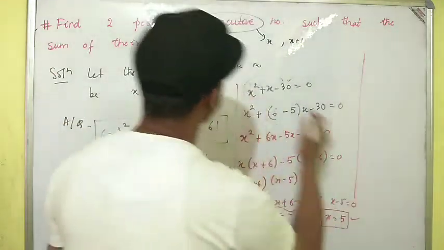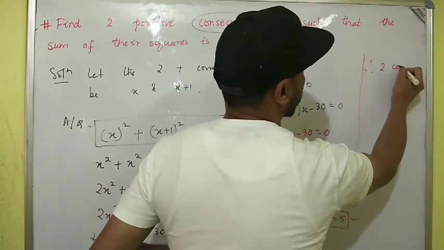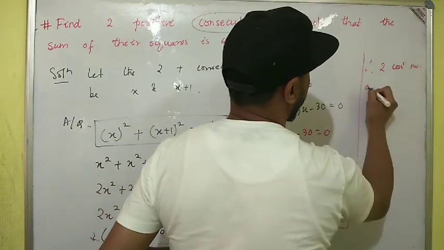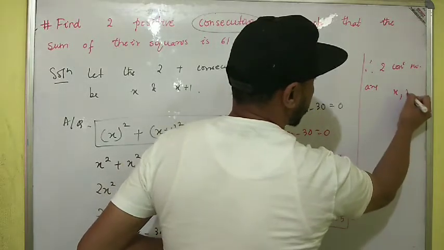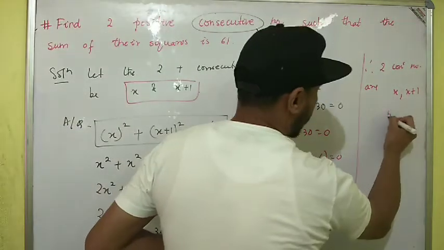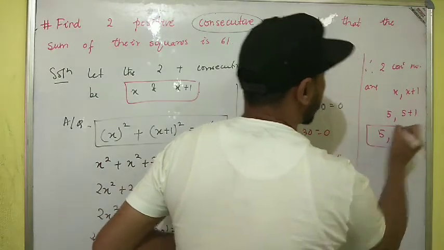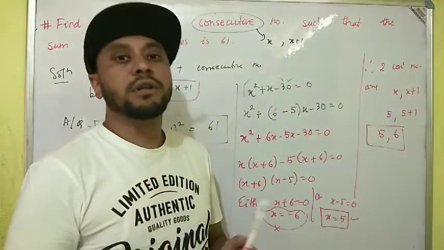Therefore, we are finding two consecutive numbers, so the two consecutive numbers are x and x plus 1. Yes sir, this is what we have taken. So x is 5 and this will be 5 plus 1. So 5 and 6 are the two positive consecutive numbers.